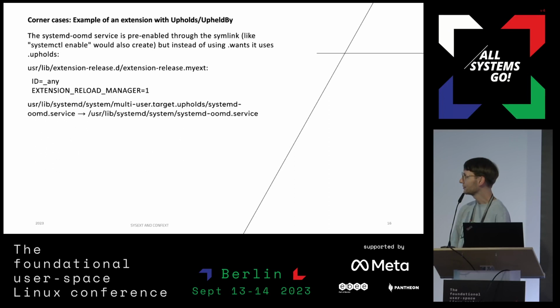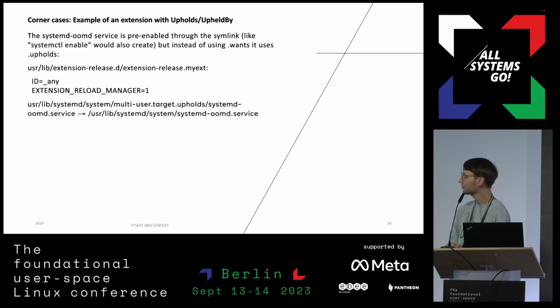And normally, a service is enabled through the symlink that gets created when you run systemctl enable, and that's the regular .wants link you can find in the multi-user.target.wants folder, for example. But here instead we use .upholds, so that's something new.